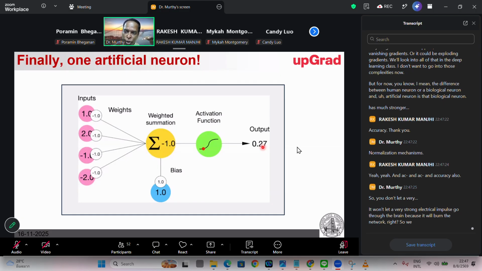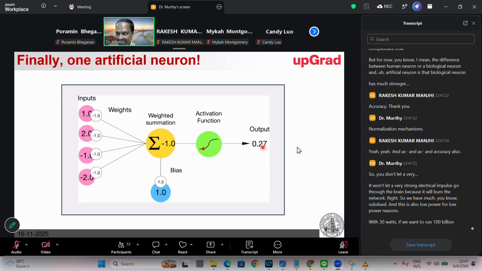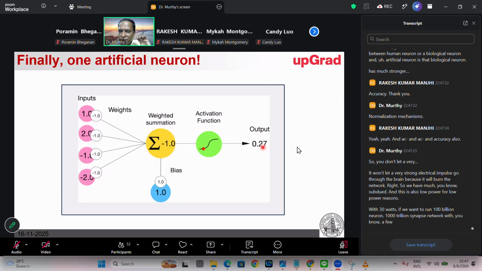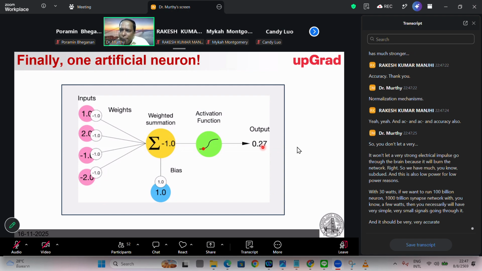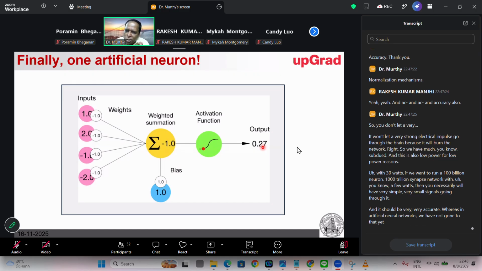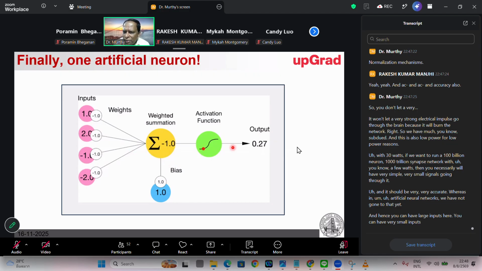So we have much subdued signals, and this is also for low power reasons. With 30 watts, if we want to run a 100 billion neuron, 1,000 trillion synapse network, then you necessarily will have very simple, very small signals going through it. And it should be very, very accurate. Whereas in artificial neural networks, we have not gone to that yet. And hence, you can have large inputs here. You can have very small inputs also. So this is just an example.